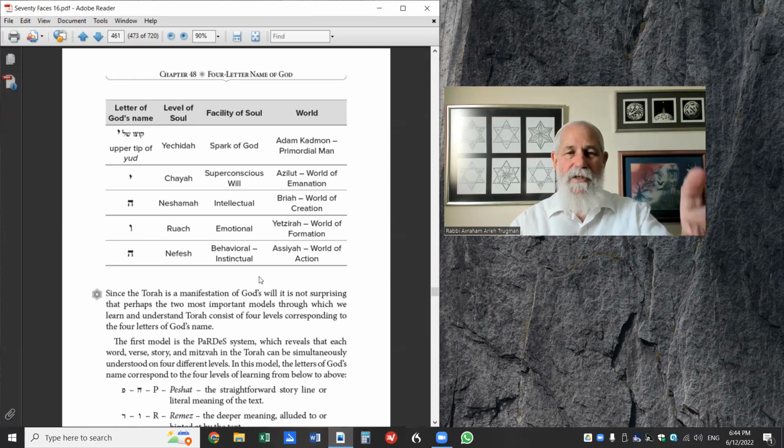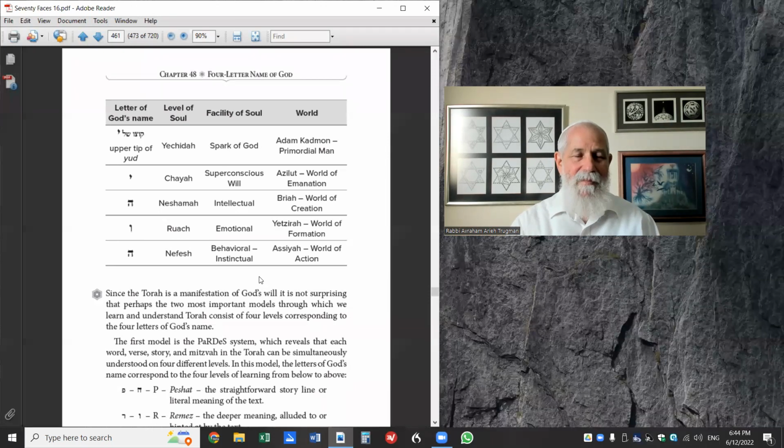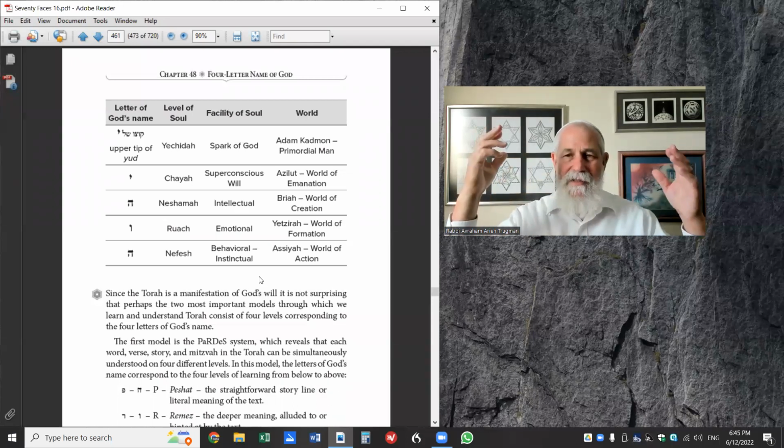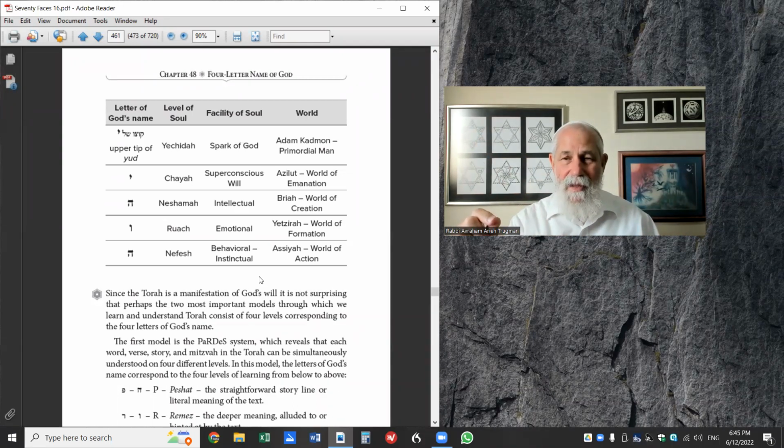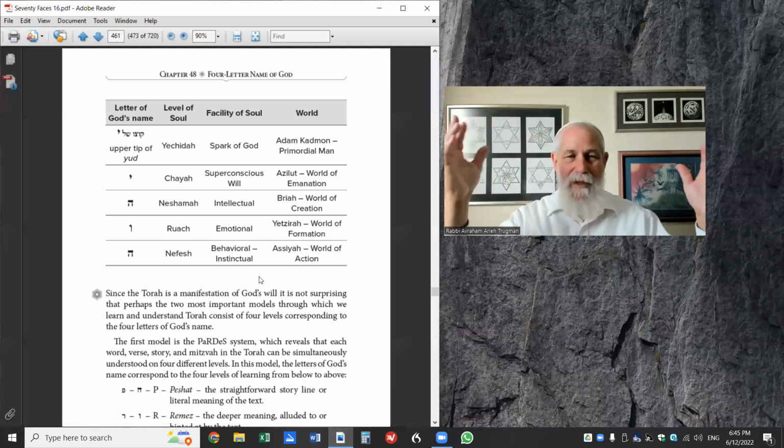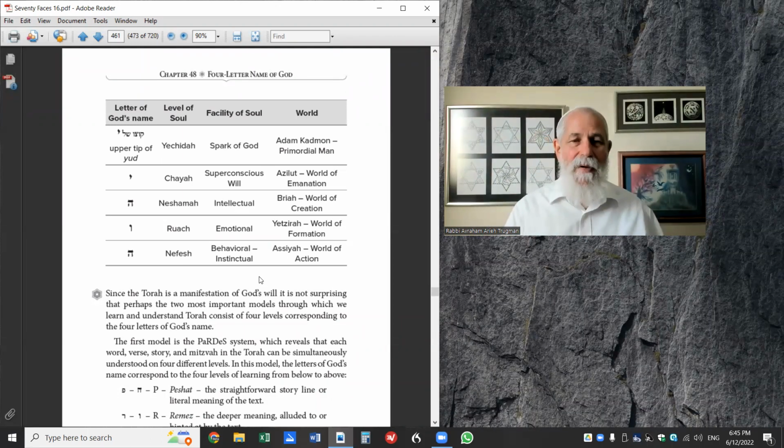Let's say I wasn't showing these charts here, and I'm giving over the four letters of God's name and the higher tip of the Yud, and then I teach about the five levels of the soul, and then which faculty of soul is emphasized in which level, and then which world it's connected to. And for many, many people, especially if you're not taking notes, it's like, whoa, it's so much information. How am I going to remember this? How can I organize this in the mind?